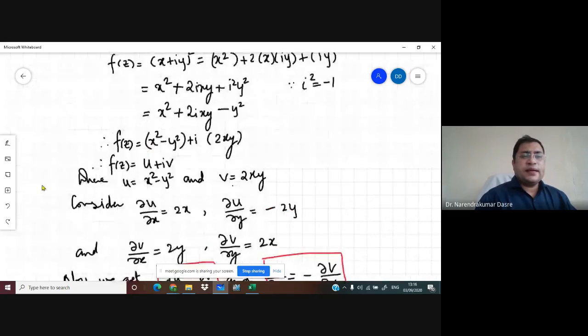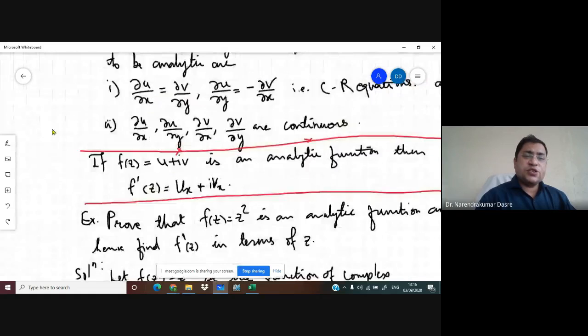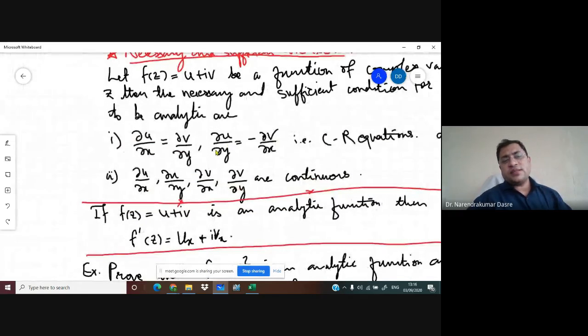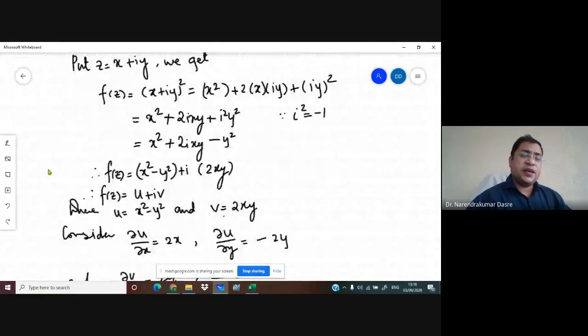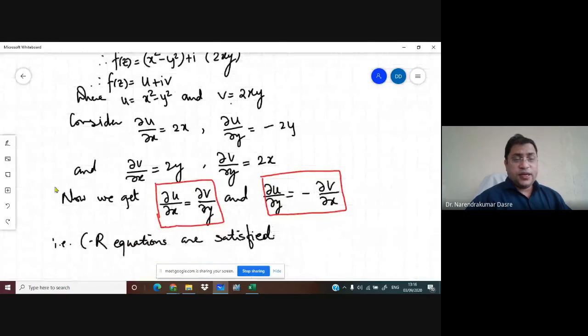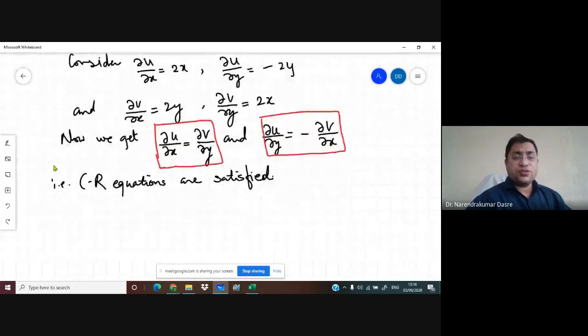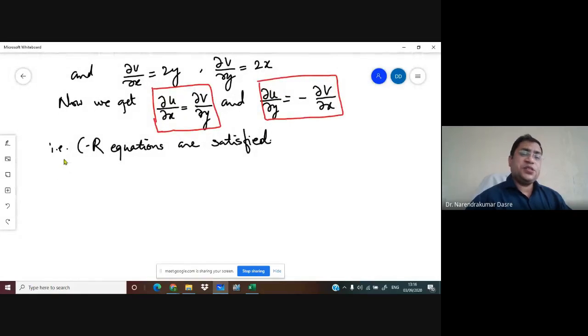But we know that though these equations are satisfied, these equations do not guarantee the function to be analytic. So we have to be careful, and hence if it doesn't guarantee the analytic nature of the function, we have to go for the sufficient condition.